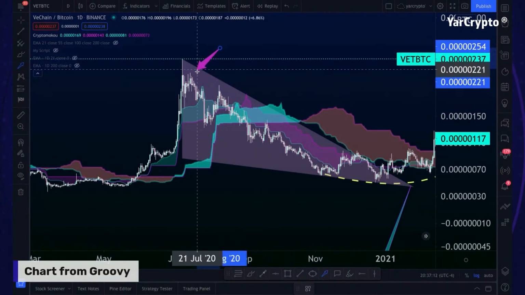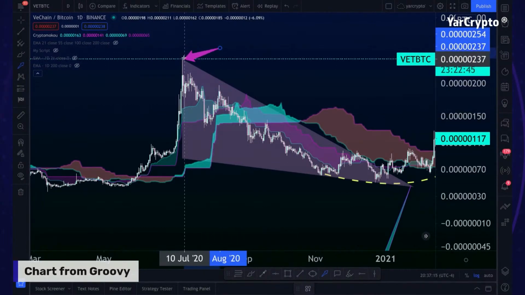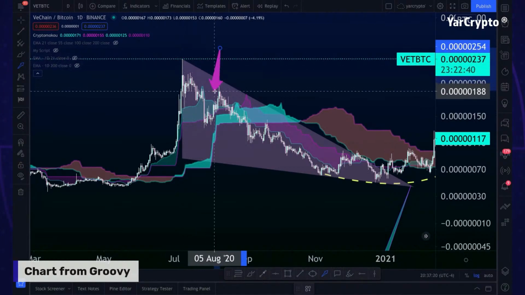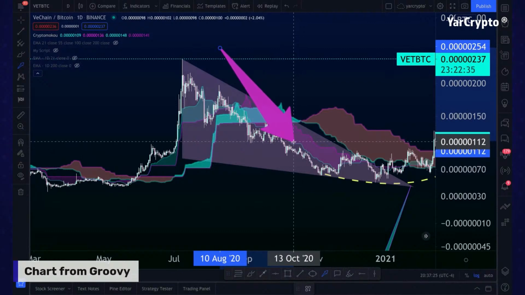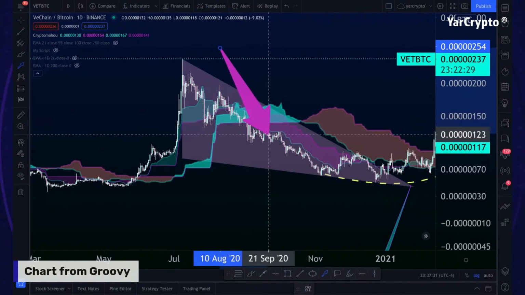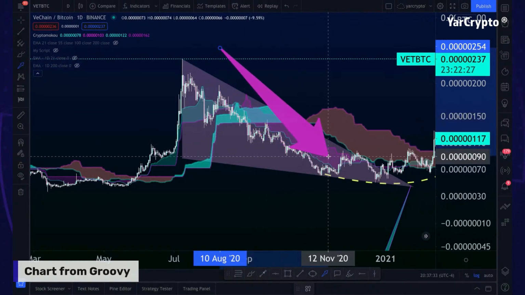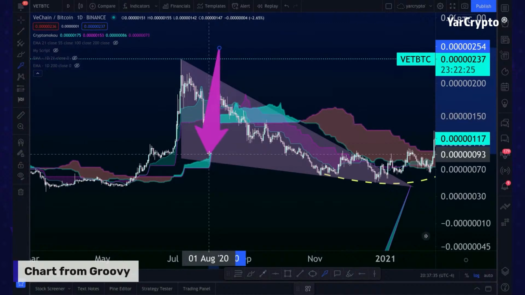As you can see, guys, on July 9th, we started this rejection and started trading into this descending triangle. This is the Vechain to BTC chart. And you guys know during this last alt season, Vechain saw some incredible gains. Once we started trading into this descending triangle, we fell off of the green dragon.